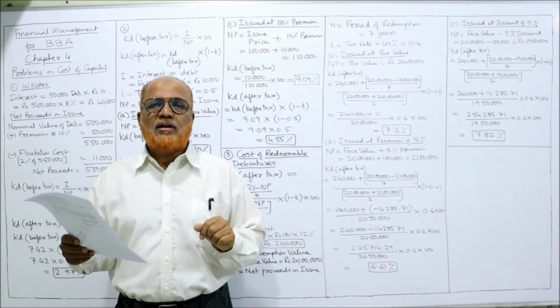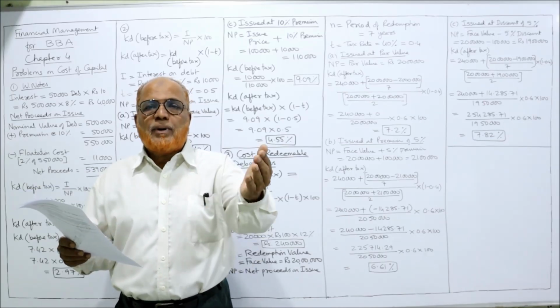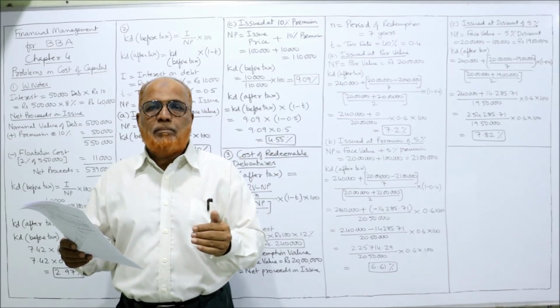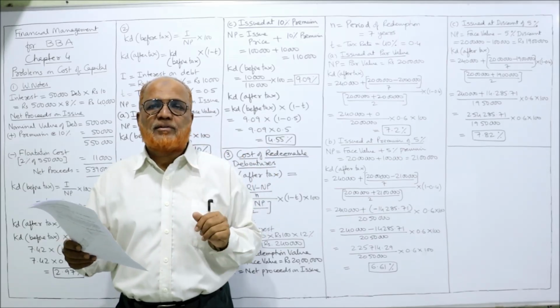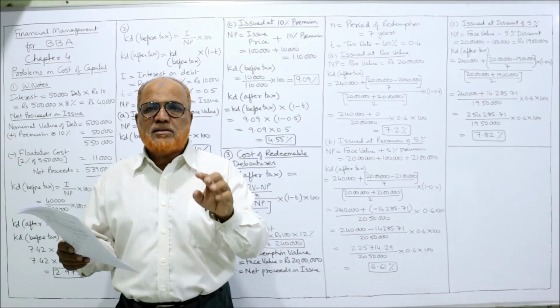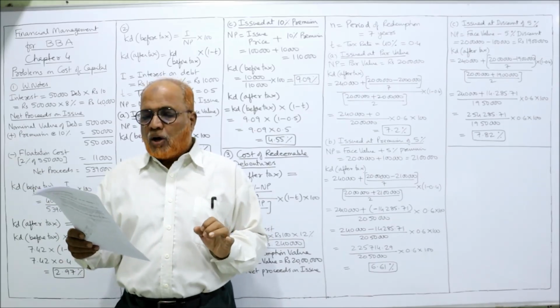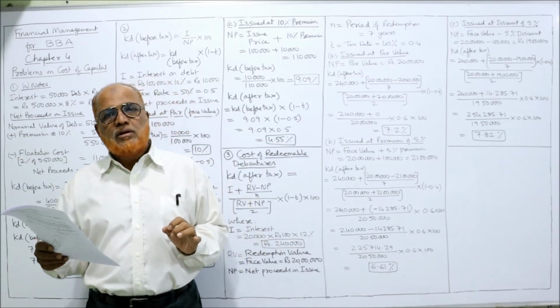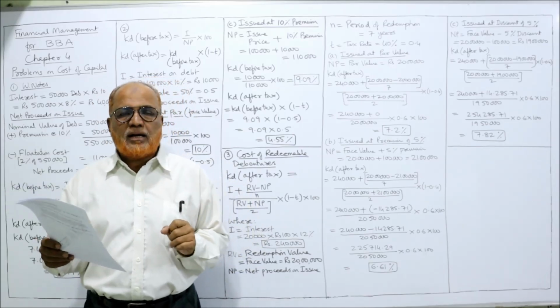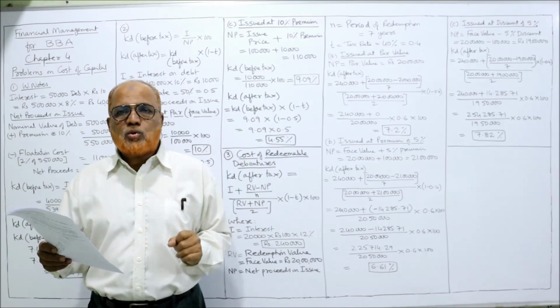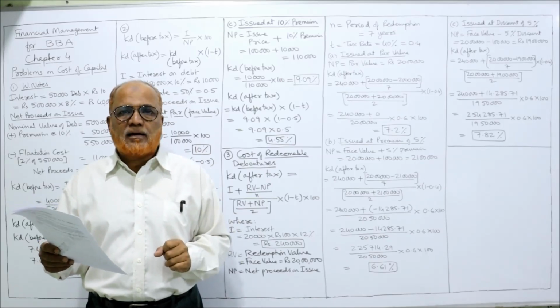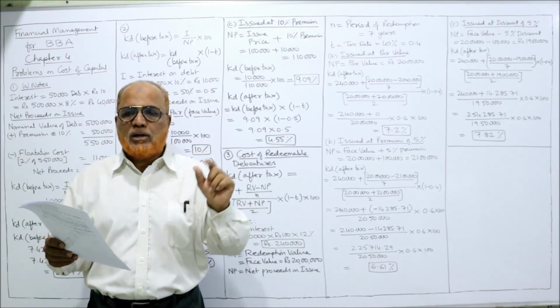Redeemable after 7 years. That means the company will take back the debentures after 7 years. The life of the debenture is 7 years. Right? That is redeemable. How many debentures are issued? 20,000. Each debenture face value 100. So 20,000 into 100, 20 lakh is the face value of all debentures.